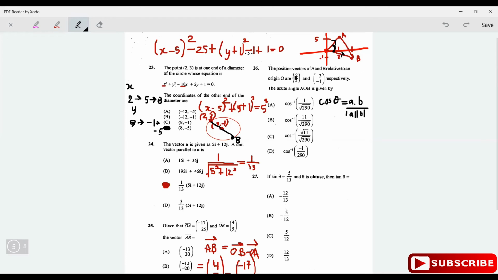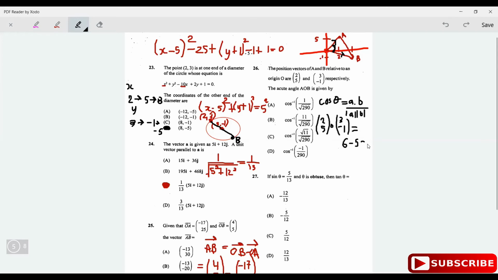Now A dot B is vector 2, 5 dot vector 3, minus 1. So find this dot product and it works out to be 2 times 3 is 6, plus 5 times minus 1 is minus 5.